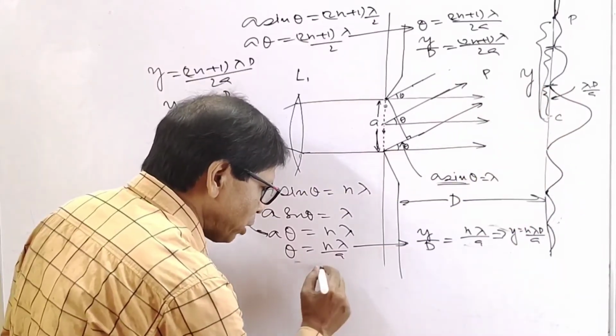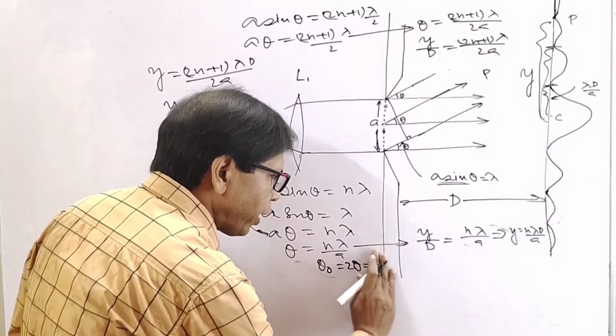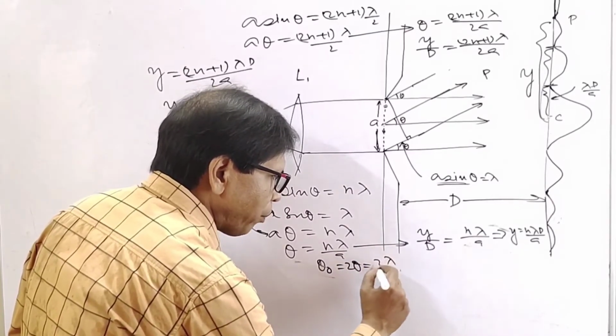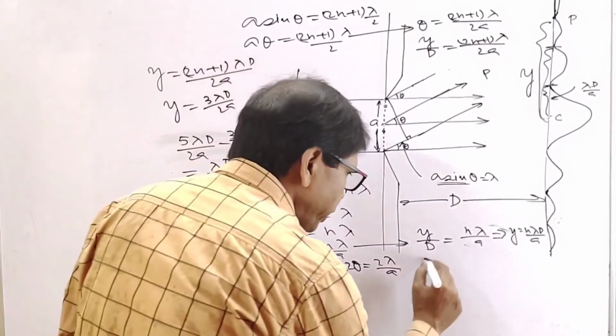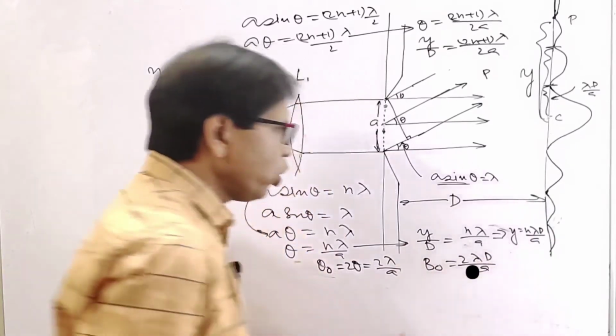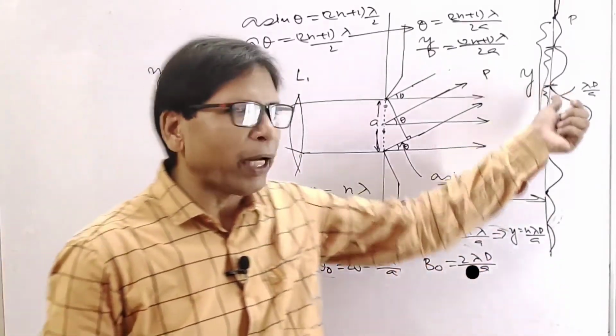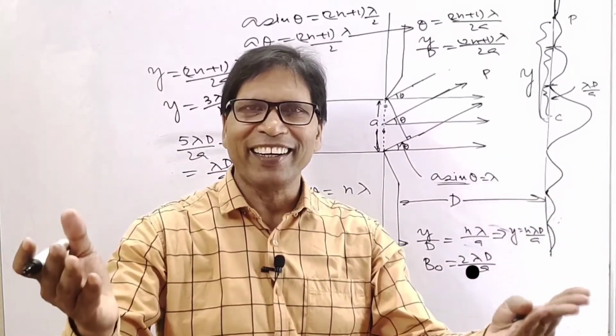For the central maximum, the angular width theta naught equals 2 theta, that is 2 lambda by a. Therefore beta naught becomes 2 lambda D by a. So the width of the central maximum is twice the fringe width of the diffraction pattern.